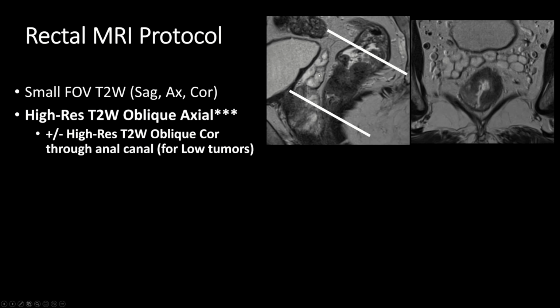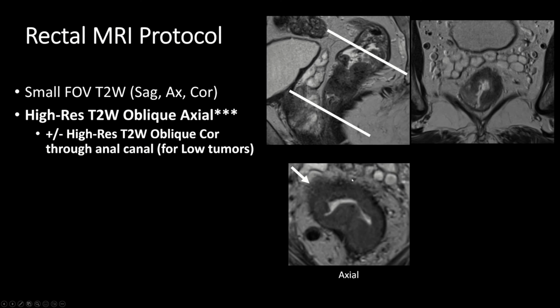With a tubular structure like the rectum, on standard axials, you're often oblique to the wall of the rectum, so you get volume averaging along with associated blurring, and you will overcall tumor beyond the wall. So notice in this image of an axial through a tumor that it looks like there's tumor beyond the wall along the anterior right margin of the rectum here.